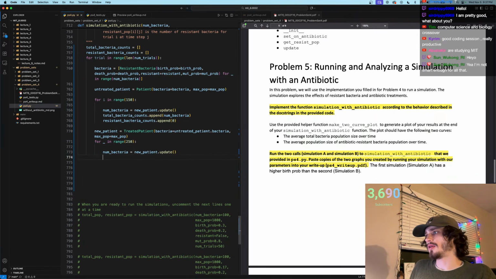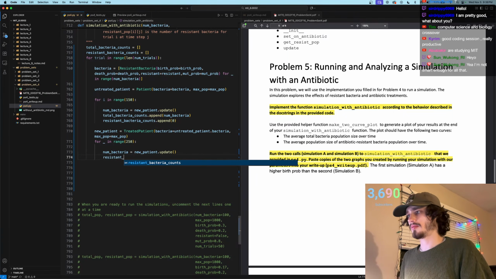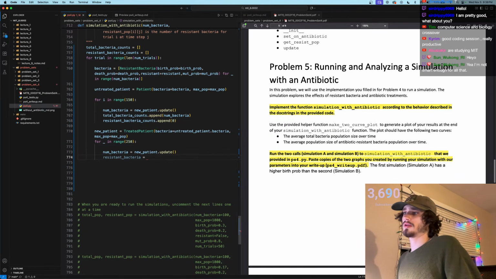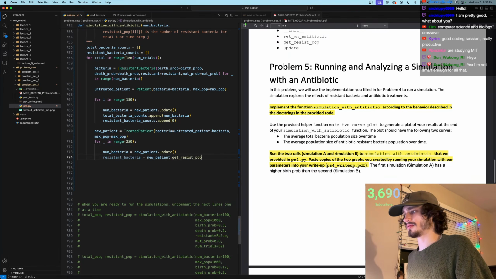And then what we're going to call is resistant bacteria is equal to the new patient dot get resistance population.